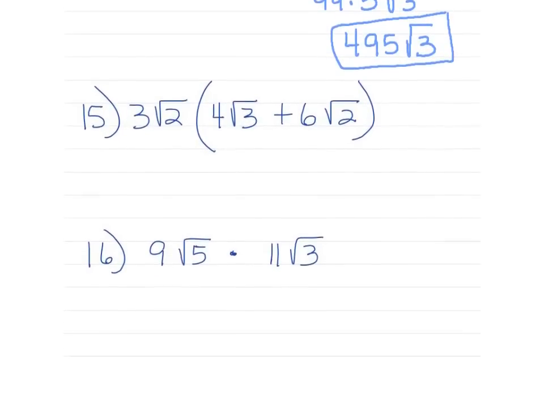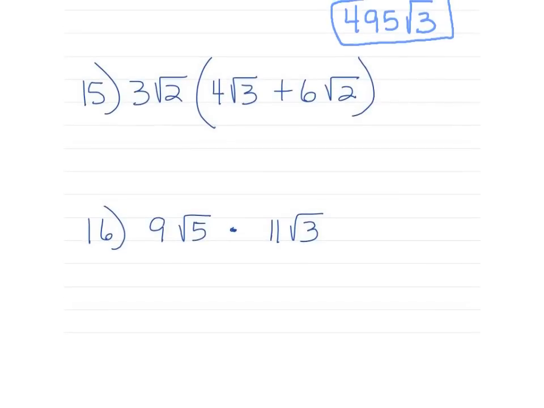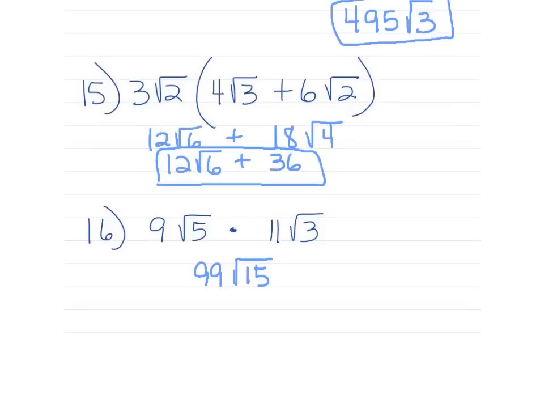Okay, 15 and 16 on your own. Check your answers, please. Number 15 is 12 radical 6 plus 36. And number 16 is 99 radical 15.